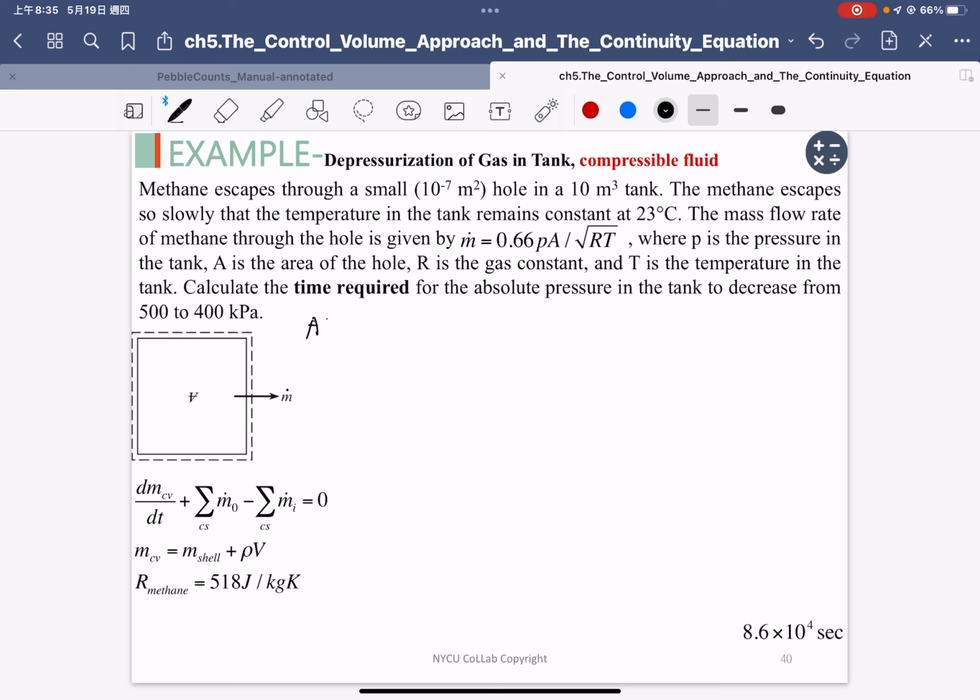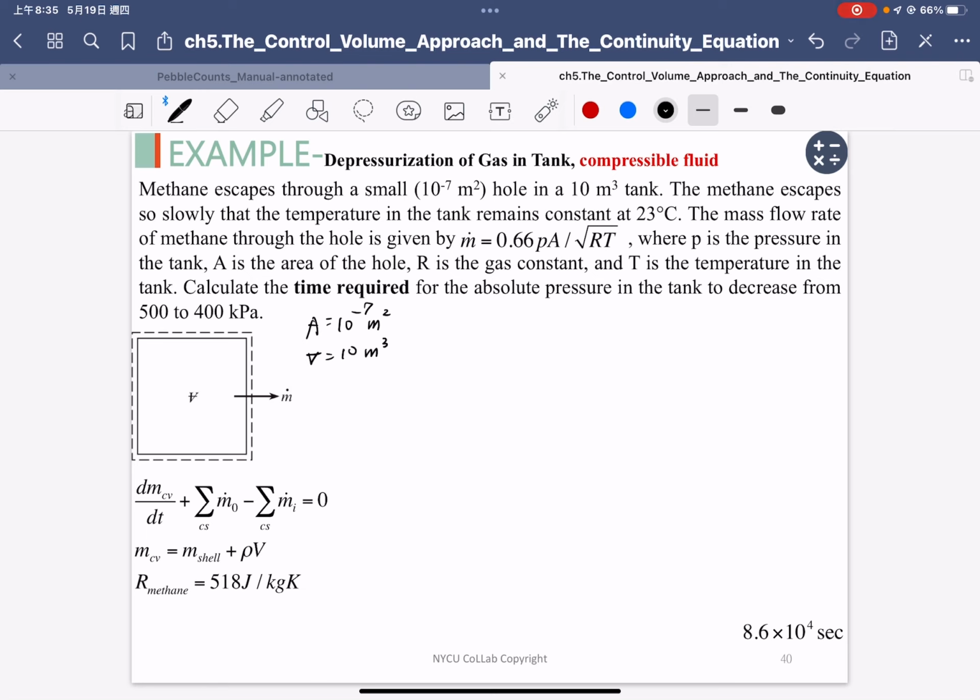10 to the minus 7 power square meters, and the total volume of the tank is 10 cubic meters, and the methane escapes so slowly that the temperature in the tank remains constant at 23 degrees.